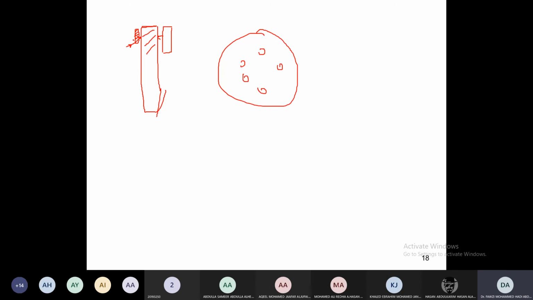This pad is maybe 6 dinar, 5 dinar, but the cylinder is maybe 100 dinar. So we use a material hardness much less than that material hardness. When they wear each other out due to friction, the pad is going to wear out, but not the cylinder. So this is where hardness is used as well. You have different applications of hardness.